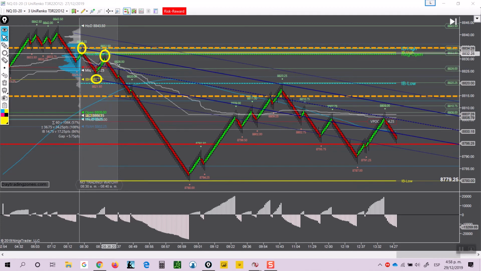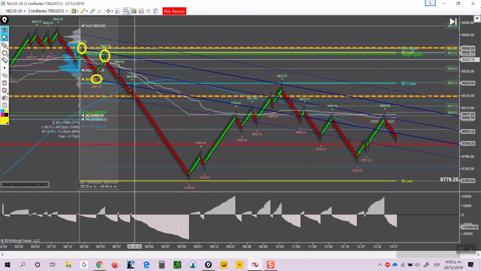You already have this level here, and since you already have your level, it's very easy to adjust. If you only have this level here and this level here, those two pivots, you can draw your channel just using that, but that's another lesson.